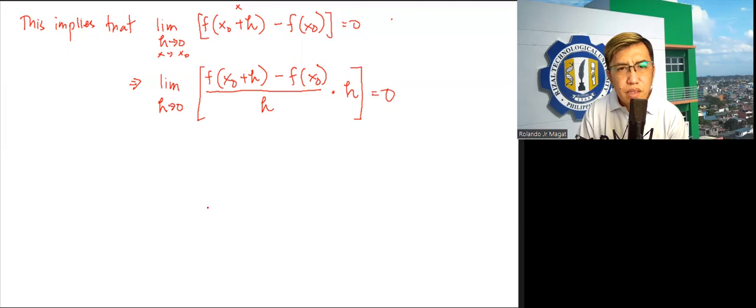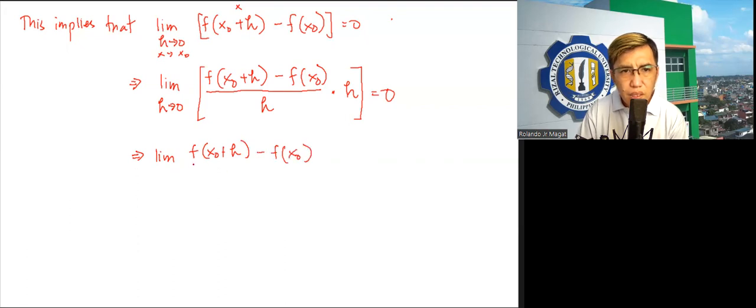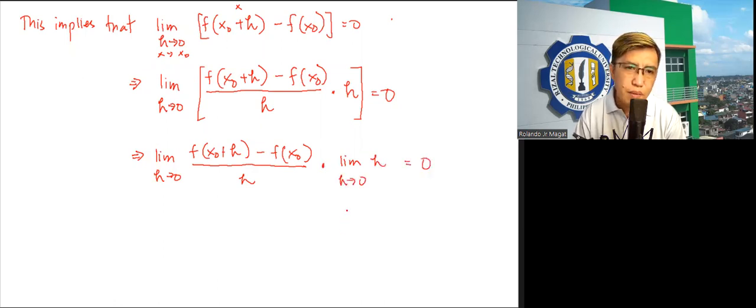Okay? And then, using the limit of a product, then what I have is the limit of f of x naught plus h minus f of x naught all over h as h approaches 0 times the limit of h as h approaches 0 is equal to 0. Okay?